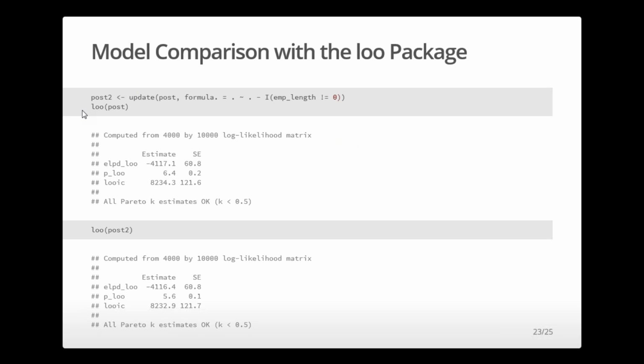What the loo function tells us is basically, if we were to leave each observation out, re-estimate the model, and then predict the left-out observation, what would be the expected log predictive density of that sequence of leaving one out, fitting the model, and predicting. Now in practice, it doesn't actually leave anything out.